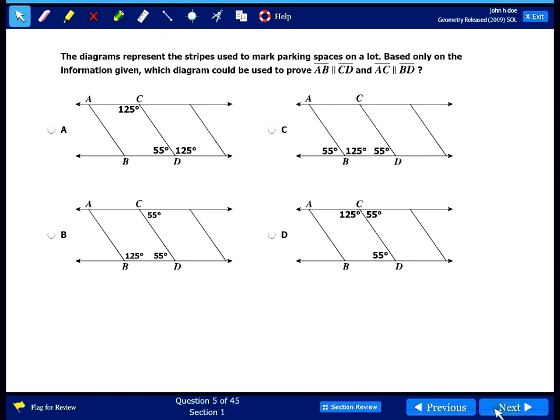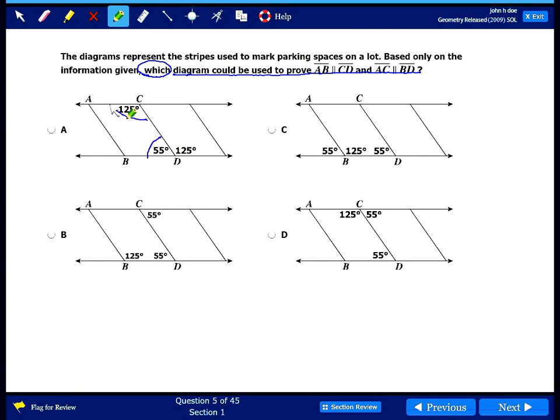Question 3 says the diagrams represent the stripes that could be used to mark parking spaces on a lot. Based only on the information given, here's our key word, which diagram could be used to prove line AB is parallel to line CD and line AC is parallel to line BD? Well, let's take a look.